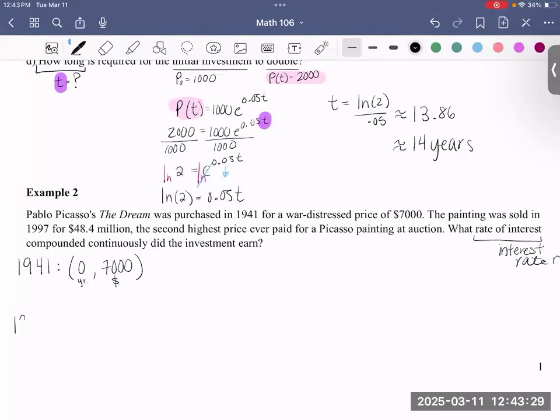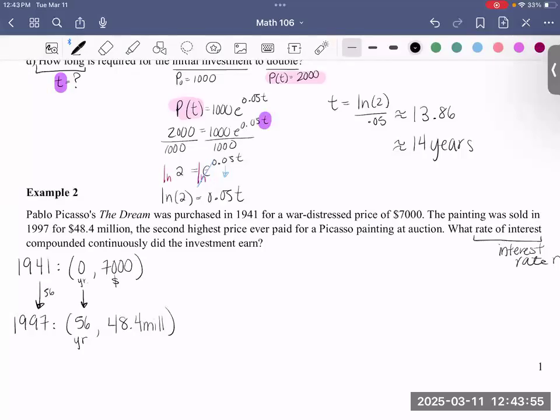But in 1997, which is however many years after, the difference between 1941 and 1997 is about 56 years. So 56 years later, it was then sold for $4.8 million.